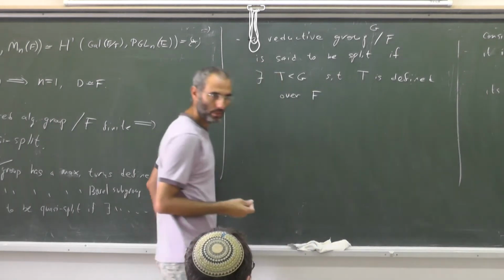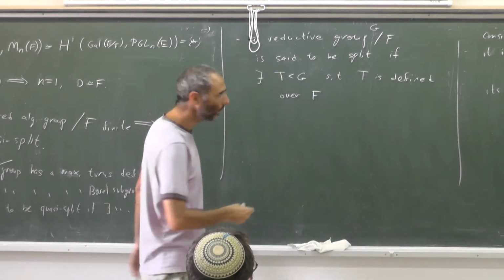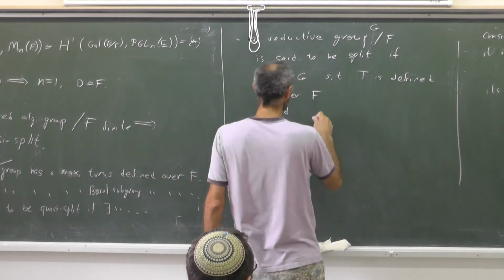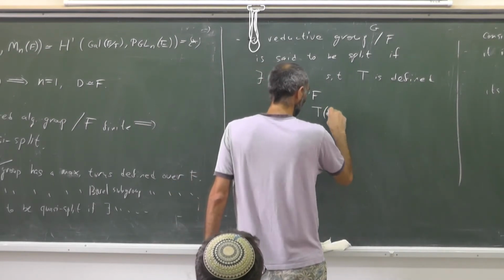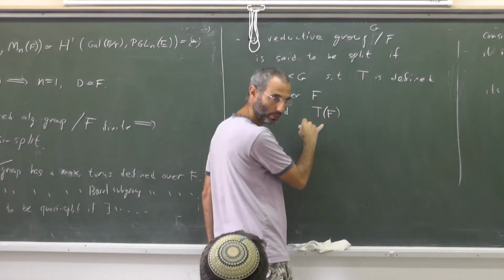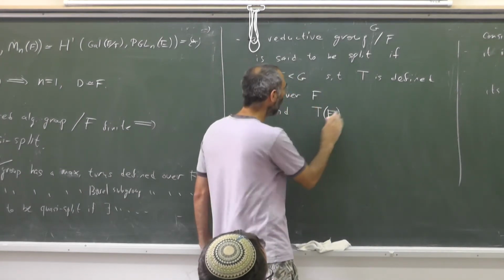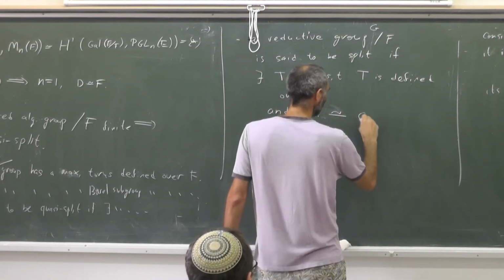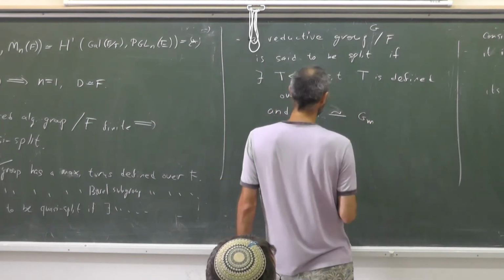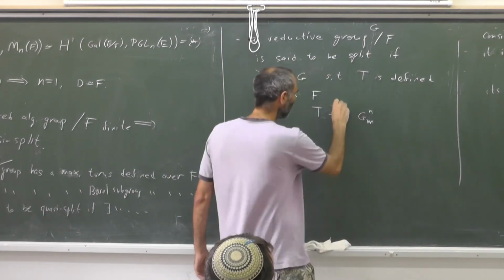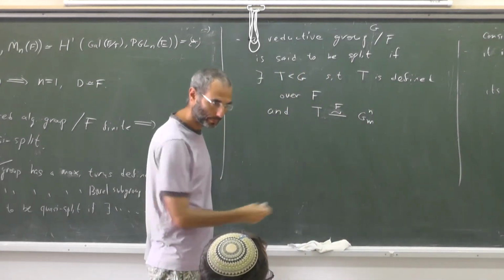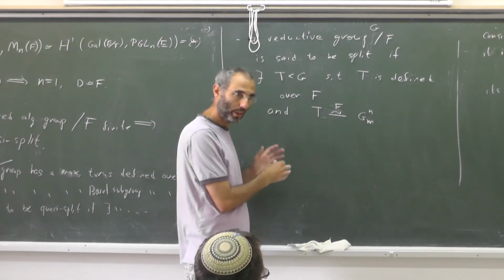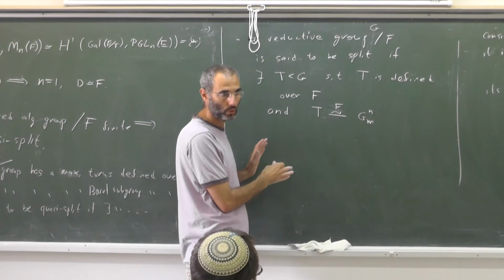I mean, such exists in any case, and you can find such a guy. Then I can ask myself about the F points, or maybe T is F isomorphic to G_m to the n over F. In particular, the F points are just F star to the n. Over F, this is a standard torus.